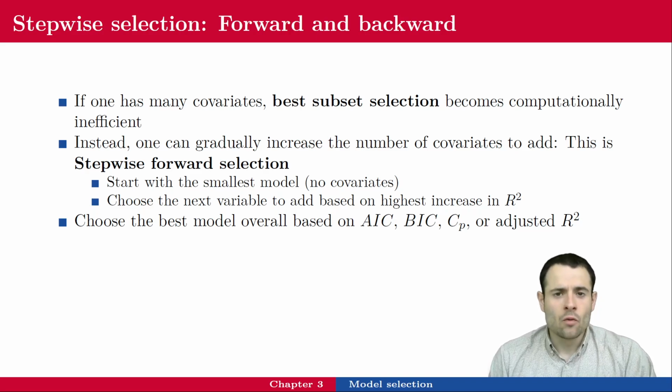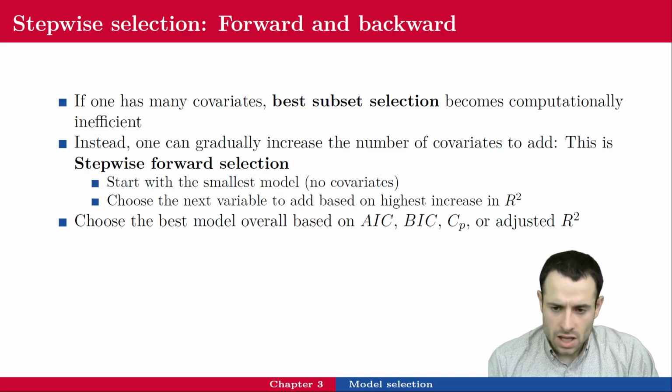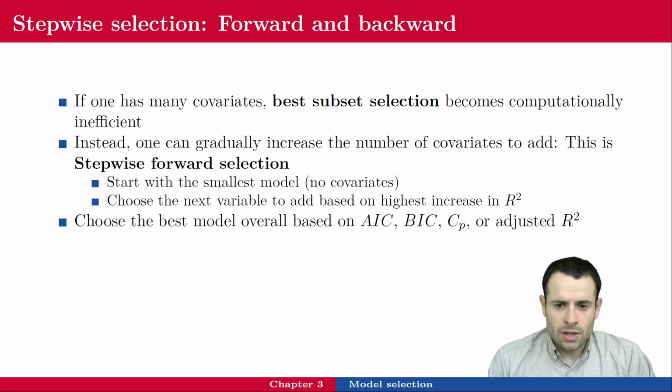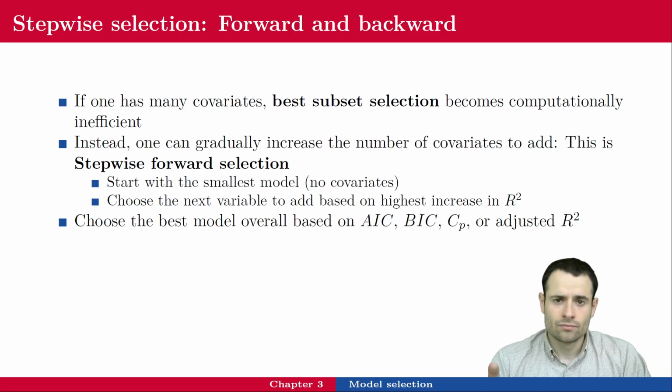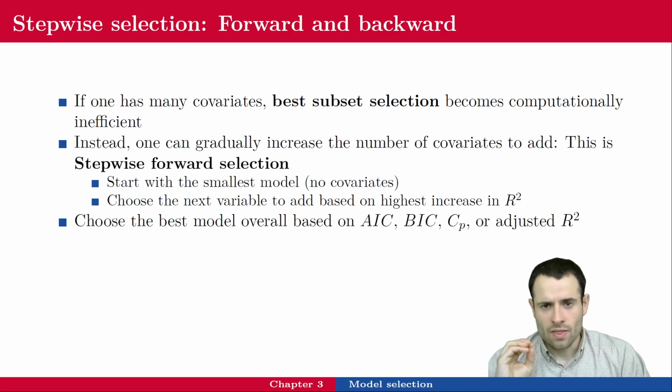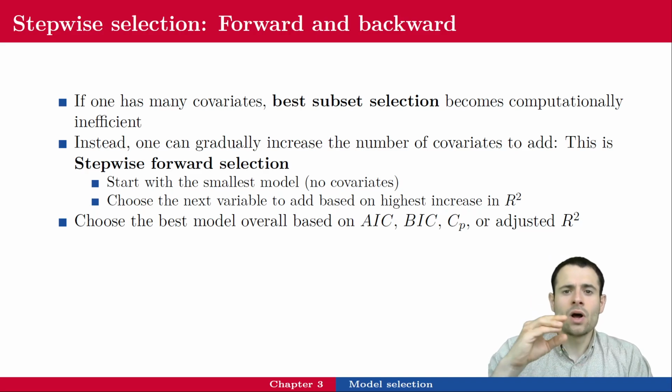The difference with the previous method is that here, because I select my variables gradually, I do not need to estimate all the possible models. Once I choose my first variable, that variable will not show up again.